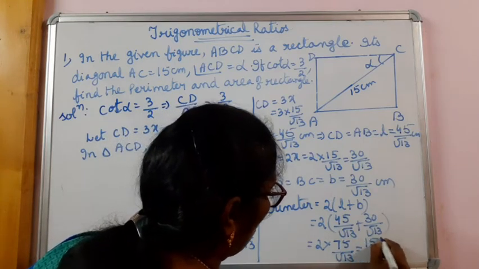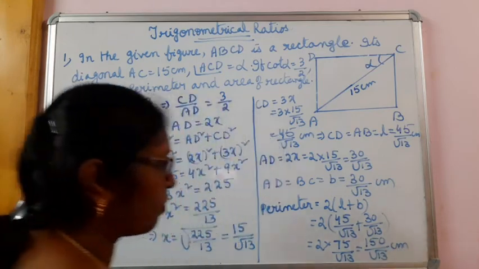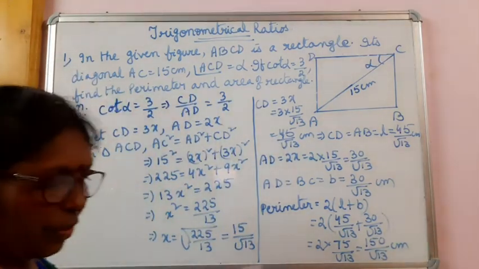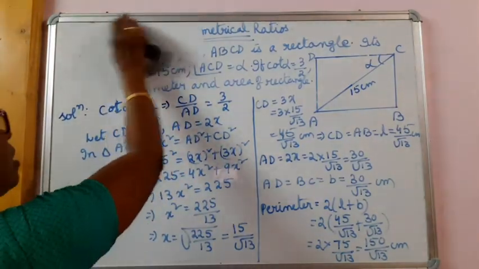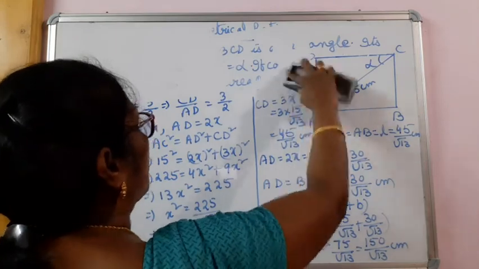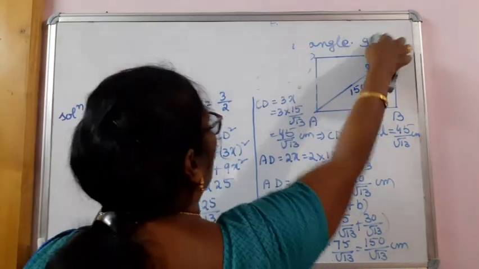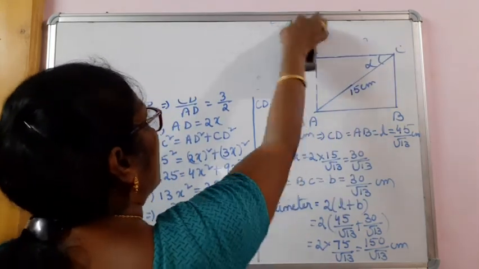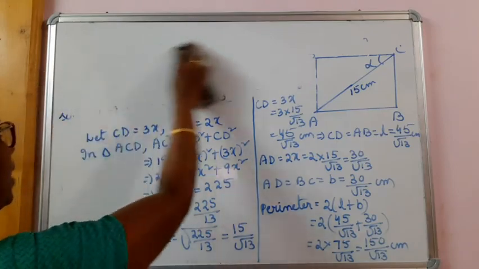That gives you 150 by root 13 cm. Mostly we should not show the answer with an irrational denominator. So we have to rationalize the denominator, that means we multiply both numerator and denominator by root 13.